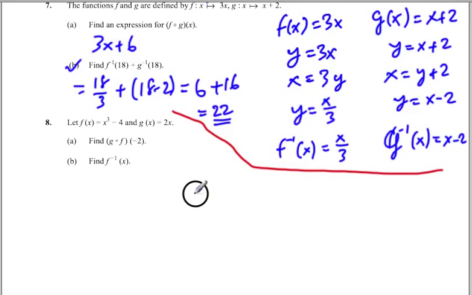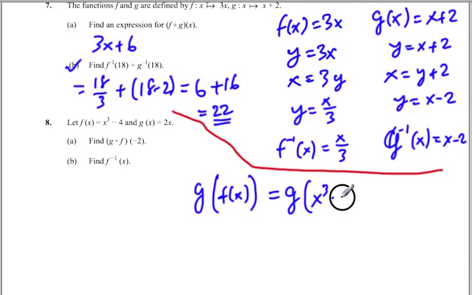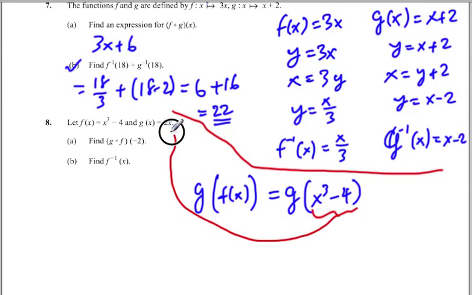So g of f of x is equal to, what's f of x? It's simply x cubed minus 4. And all we're doing, as always, is you take this argument and you plug it right into the x value in g.